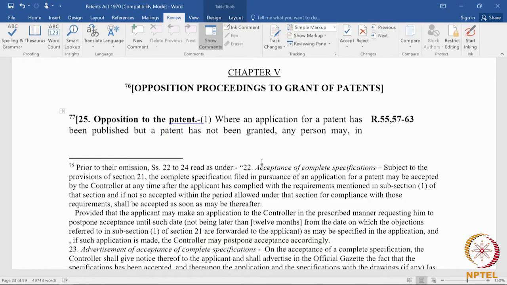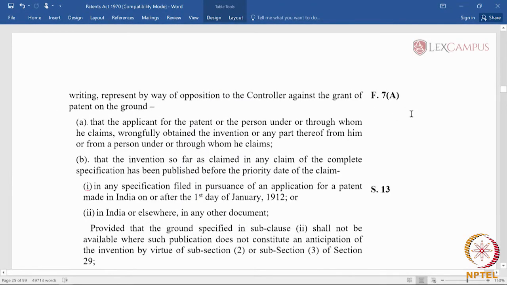When you contrast this with post-grant opposition, you will find that only an interested person can file a post-grant opposition. So, for a post-grant opposition we require the person to be an interested person, whereas that is not required for pre-grant opposition. Any person may, in writing, represent by way of opposition to the controller against the grant of a patent on the grounds.